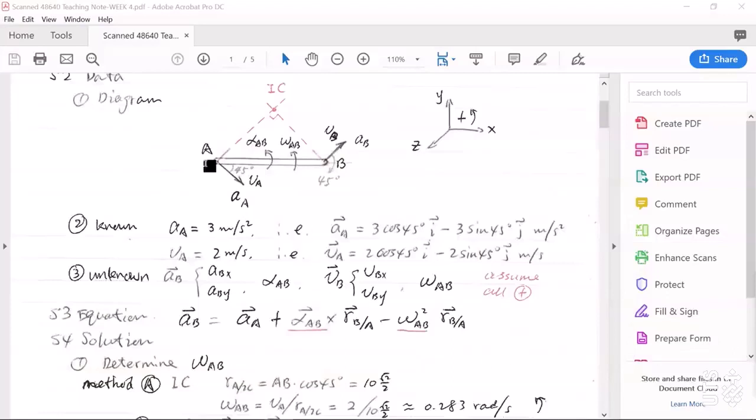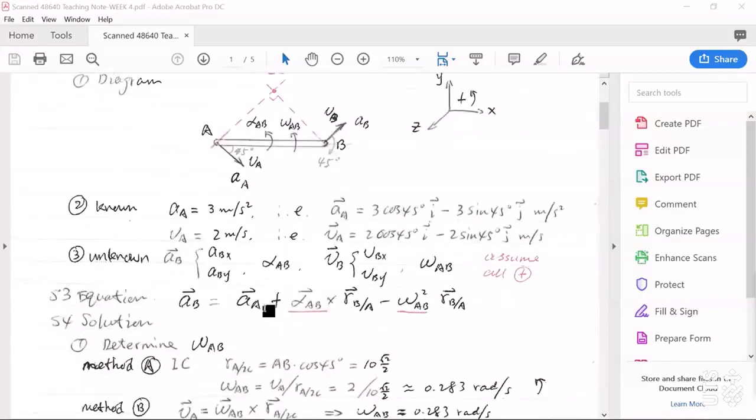Using trigonometry, it's easy to find the distance from A to IC. Because we already know VA, we can simply use VA divided by the distance from A to IC to work out the magnitude of omega AB.